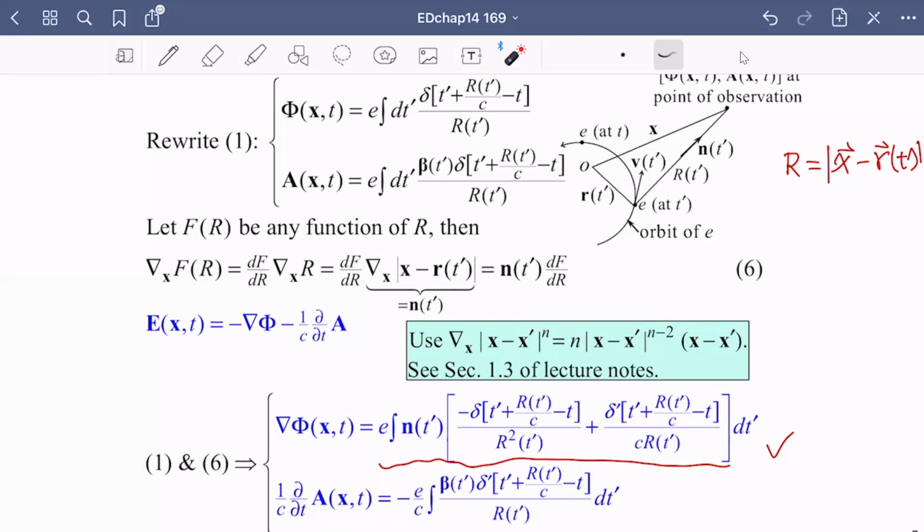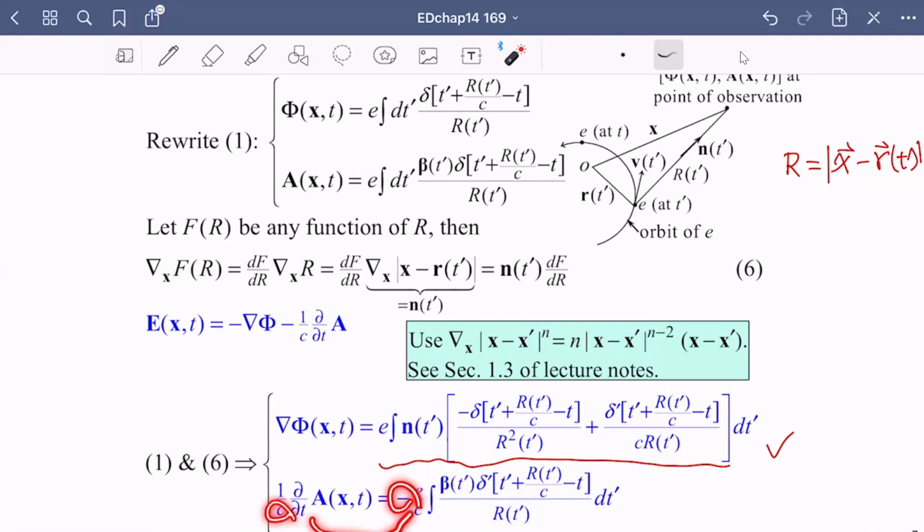Similar idea. We differentiate with this one first, and then just assume this one as a function. Or you can rewrite this integration, and eventually it just gives you a simple relation. E comes from here, and minus sign here.